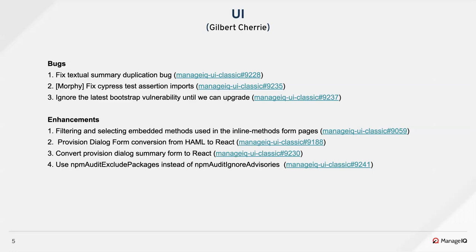Some enhancements we worked on, Jeffrey, one of his last PRs, he did filtering and selecting for embedded methods. Then we had Samuel's enhancement PRs, which were the provision dialog form conversion and converting the provision dialog summary page. And then Jason also added the use npm audit exclude packages. Next page.